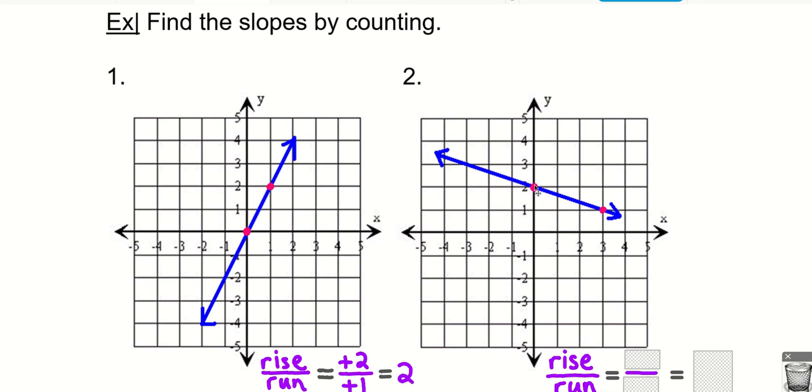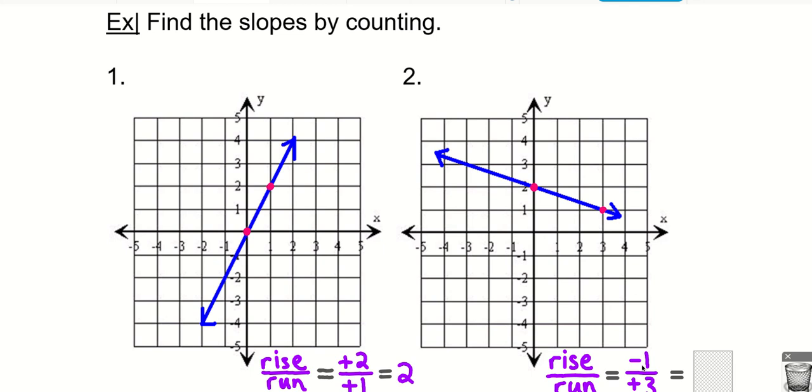Going from this point to this point, it looks like I'm going down and then to the right. So down 1 square, which is a negative 1 rise, and then to the right 1, 2, 3. Remember, to the right is the positive run direction.